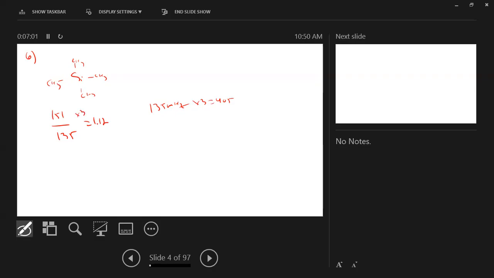If you multiply each of these by 3, you're going to get the same answer. It's going to be 1.12 because it's a ratio.